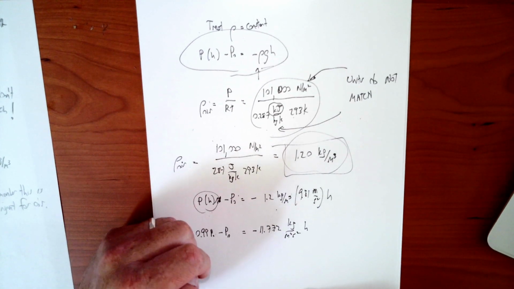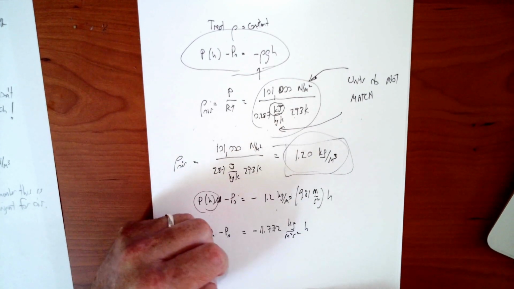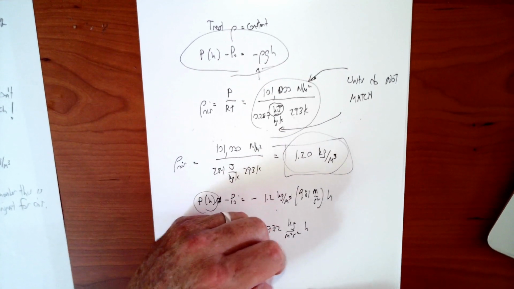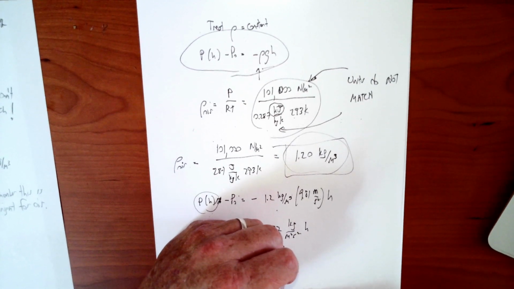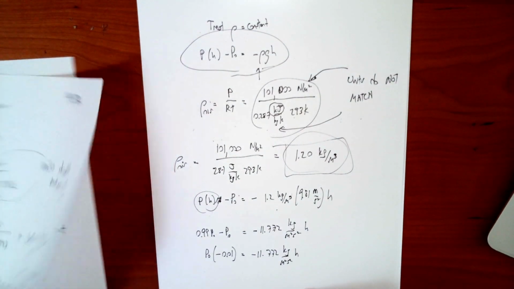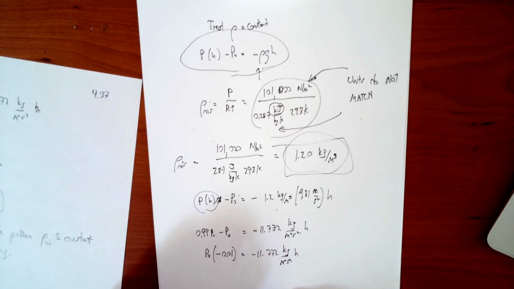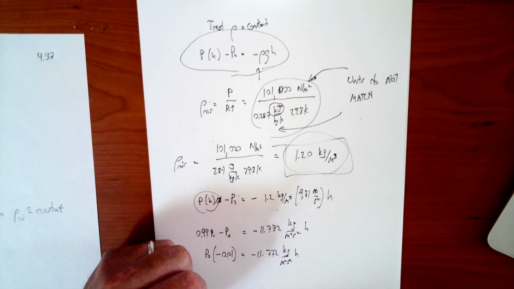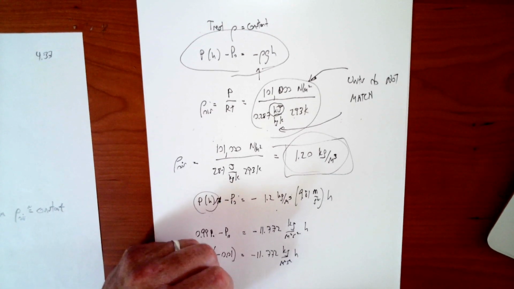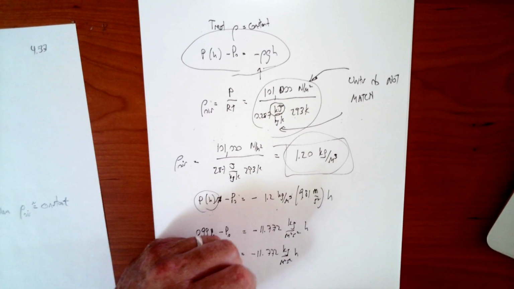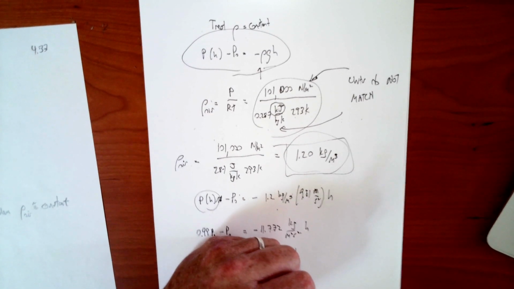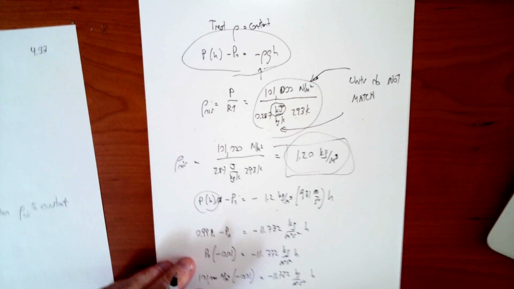I get P naught times negative 0.01 is equal to negative 11.772 kilograms per meter squared second squared H. Obviously my P naught, I'm going to put that in units now: 101,000 newtons per meter squared times negative 0.01.